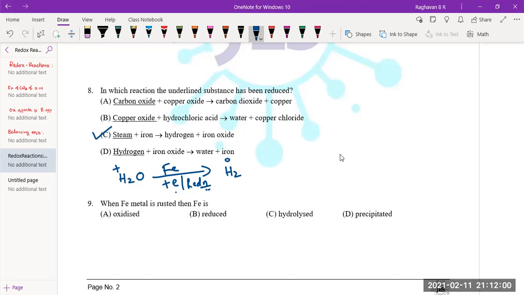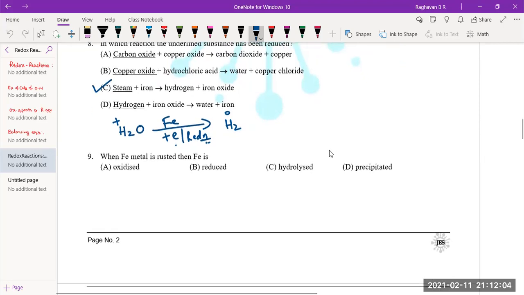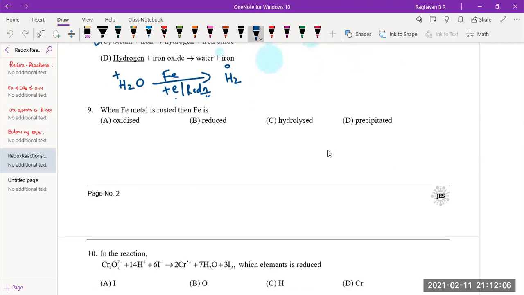Ninth will be option A. When iron metal is rusted, rusting of iron, again electrochemistry. Iron undergoes oxidation and acts as anode, where tiny voltaic cells are set up with impurities and moisture as the electrolyte.